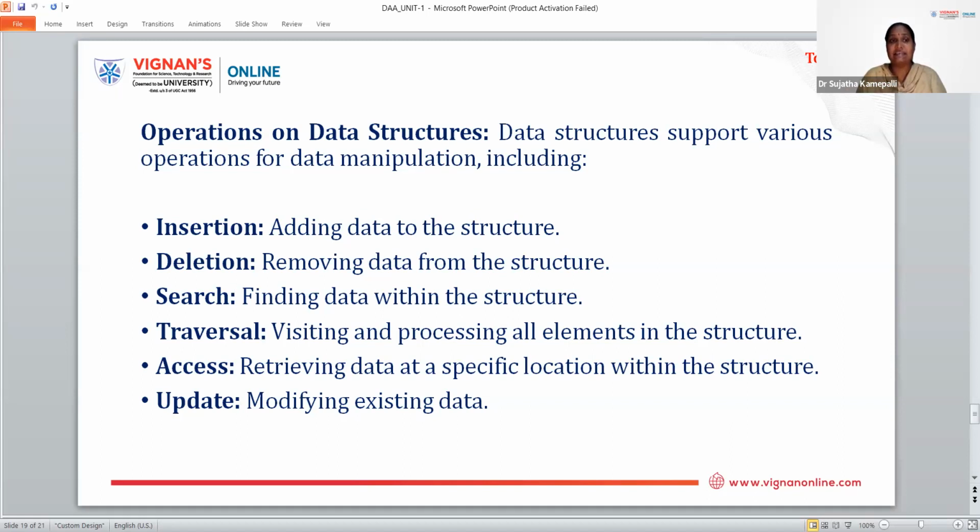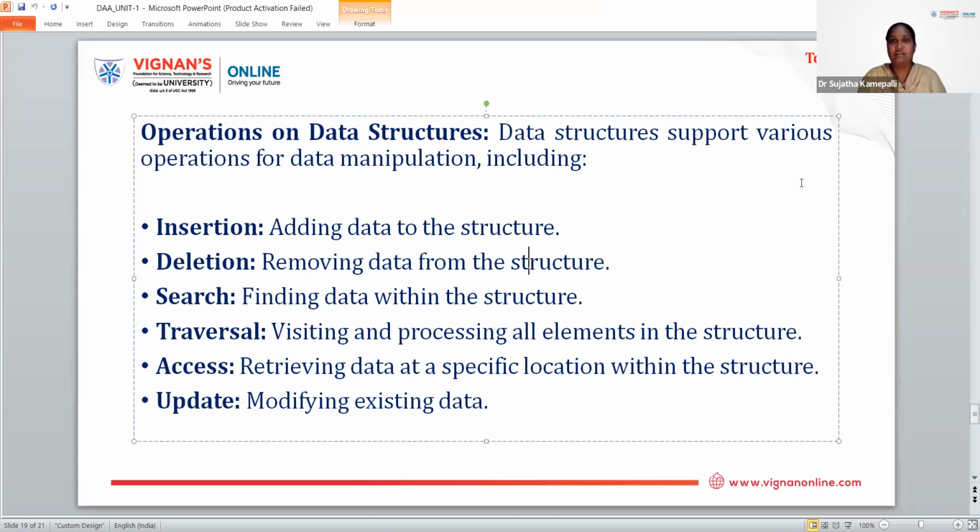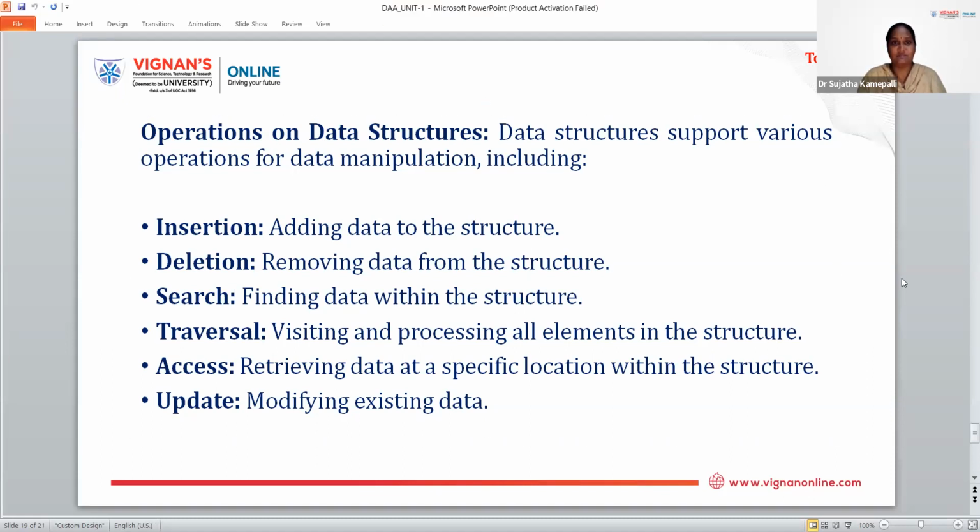Accessing means retrieving the data present at a specific location within that data structure. Updating means modifying the data which already exists in that data structure. These are all the various operations that can be performed on data structures.